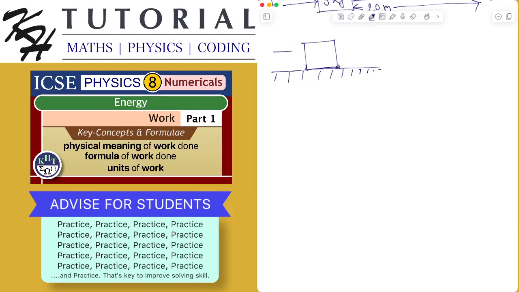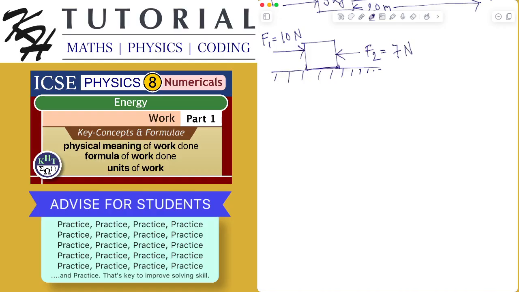Let's say I am applying a force F1 of 10 Newton on this body from the left hand side, and another force F2 from the right hand side, which is say 7 Newton.